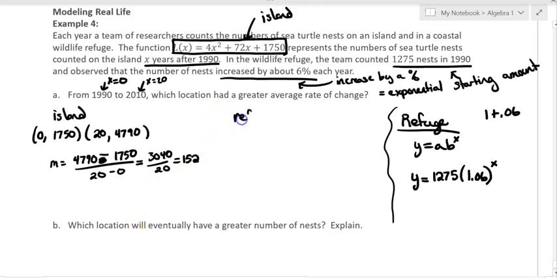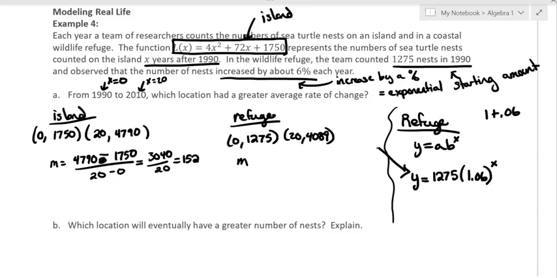So now we're going to do the same thing for the refuge. And so I'm going to plug in 0 to my equation, and I made right over here. And I'm going to plug in 20 to this equation. And I get 4,089, and then I'm going to find the slope.